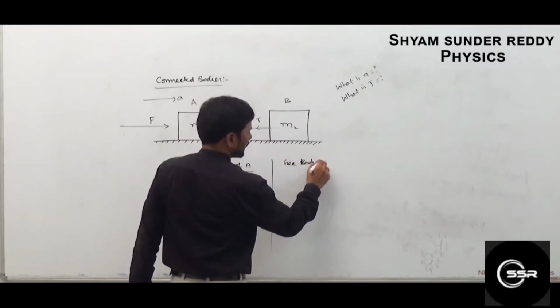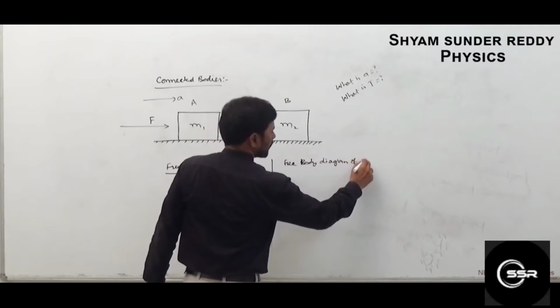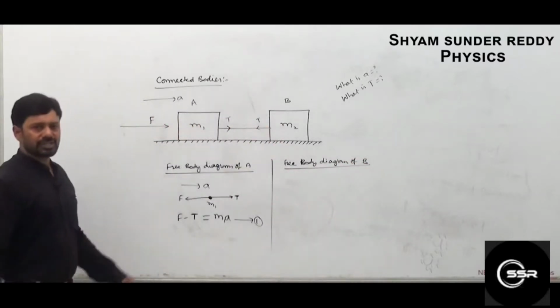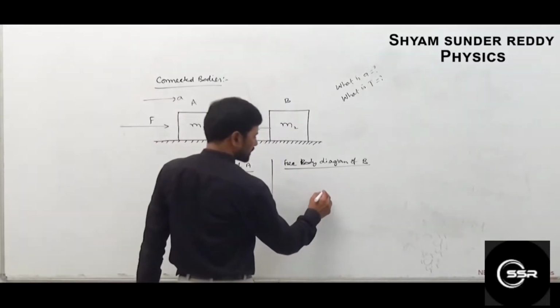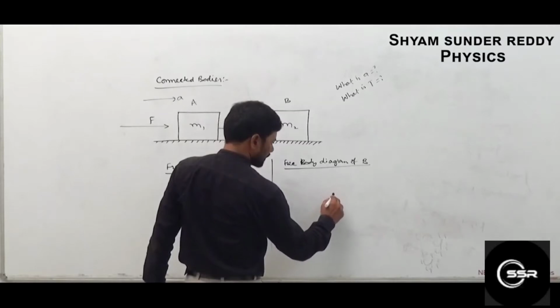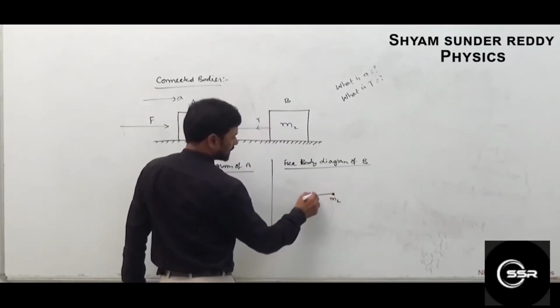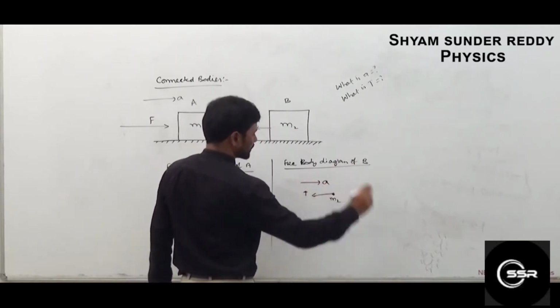Now the FBD of block B, free body diagram of block B. Here also we need to take the mass as a point mass, M2. In this, the tension is T and acceleration is working in this direction.